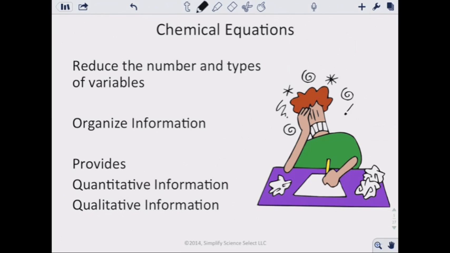And it provides pretty much two things. It provides quantitative information, talking about numbers, things that we're going to use in the next unit when we start looking at stoichiometry, and also qualitative information, so actually describing what's happening and looking at the descriptions of reactions. And so chemical equations give us a lot of information if we know how to read them.